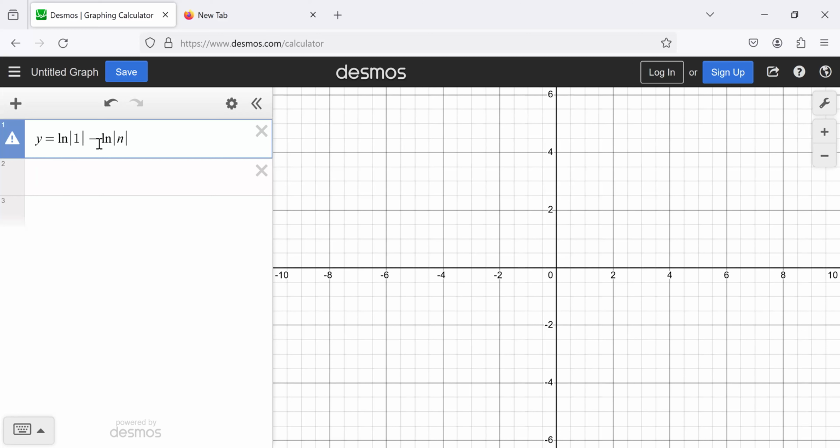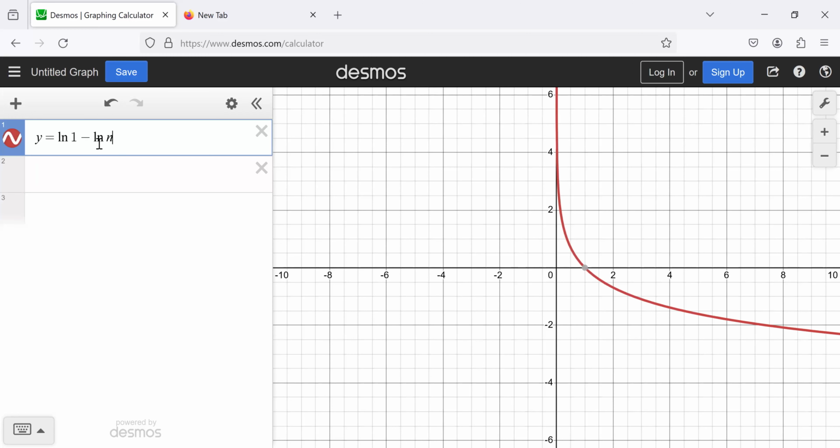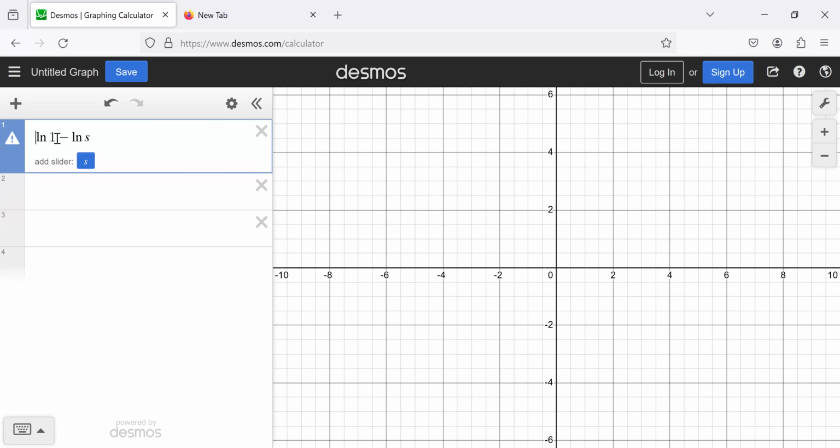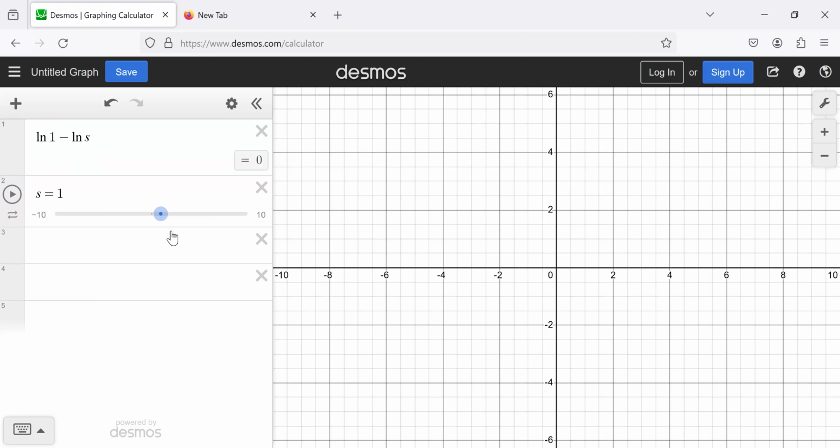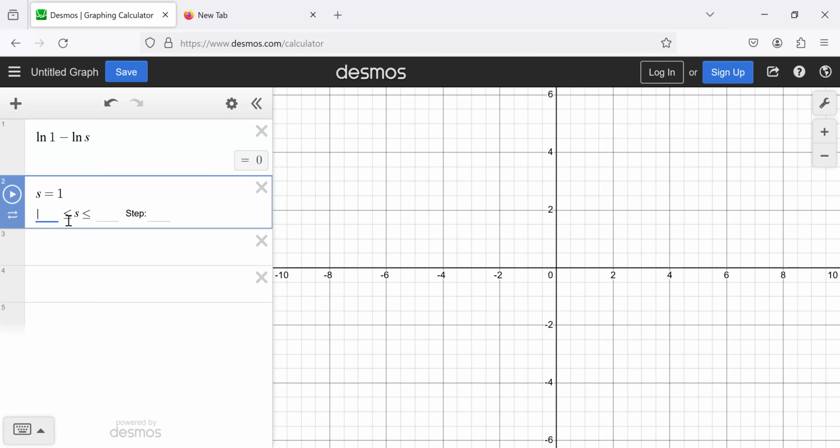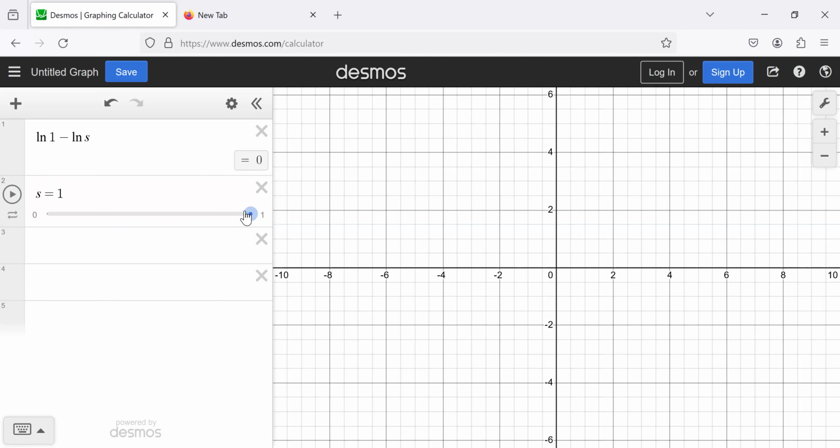Instead, it's being inscrutable. Create a slider, Desmos. Why are you being like this? Okay, here we go. So we can see what happens as we approach 0.